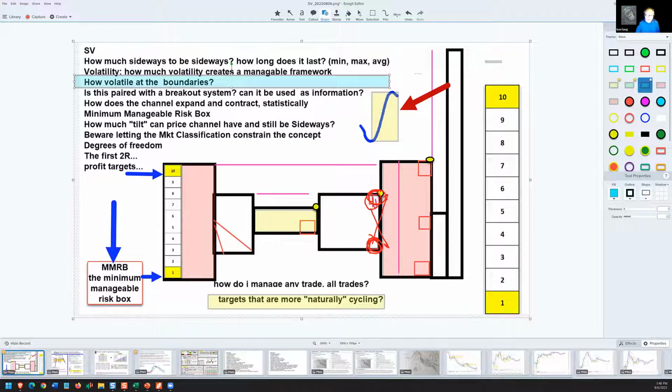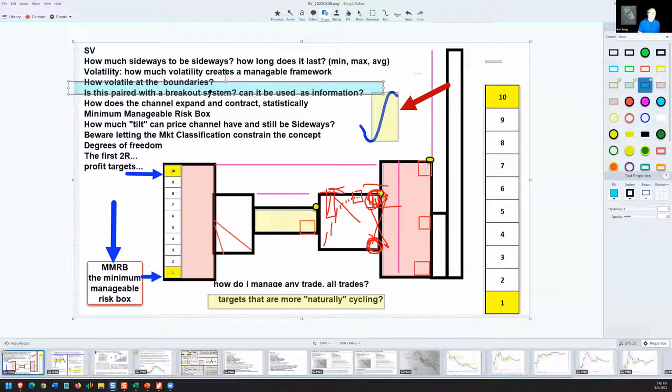Does it get jumpier near here, so I have to have a wider stop? Or does it move out quickly through the channel and then get into a series of tiny little dojis? That's what I want. If that's the case, how I decide how big my box is could be a function of how big the move was coming into the boundary, where I expect the reversal.